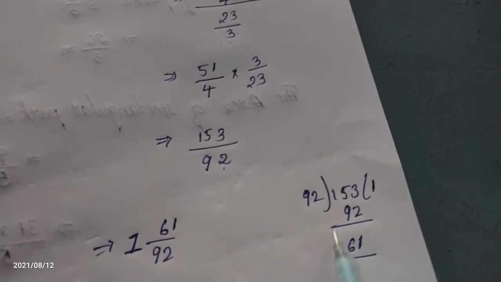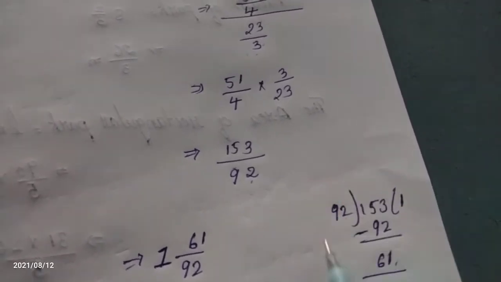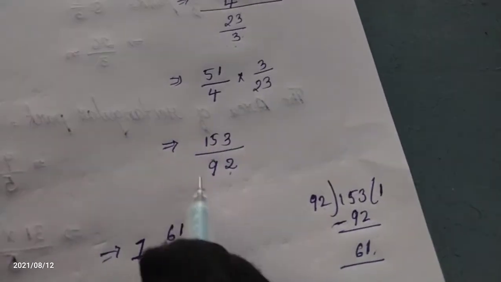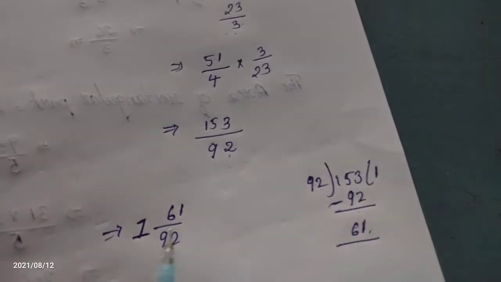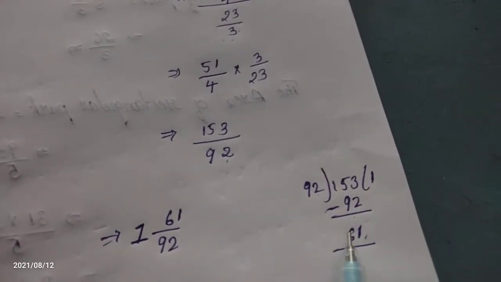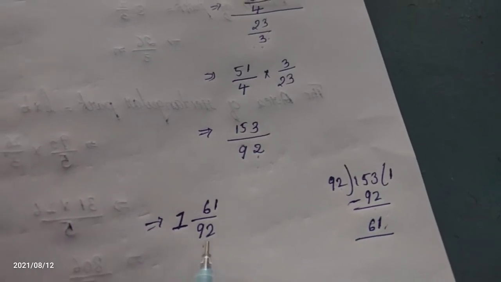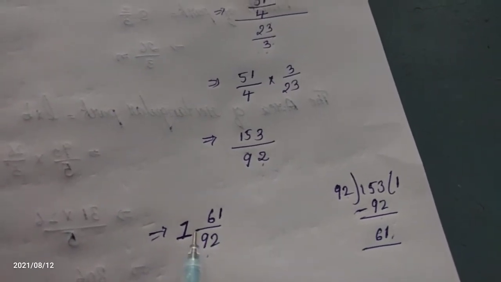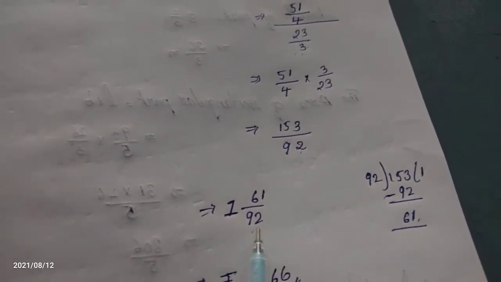By subtracting, we get 61. This remainder we write as the numerator of the mixed fraction. So the answer is 1 61/92. This is the rupees of 1 meter of cloth.